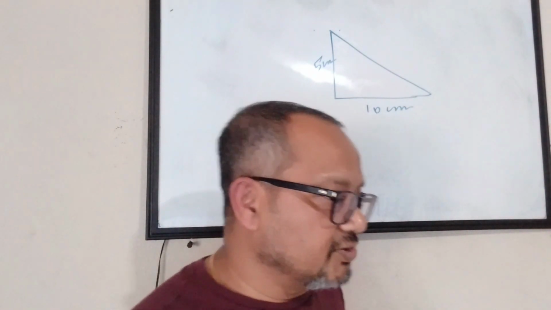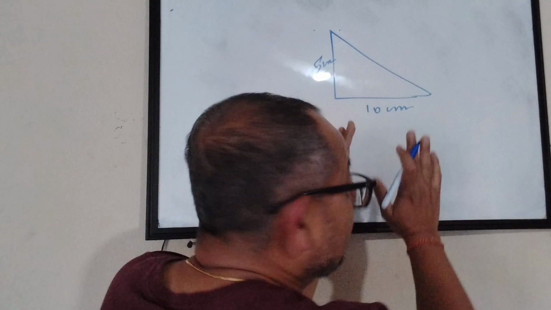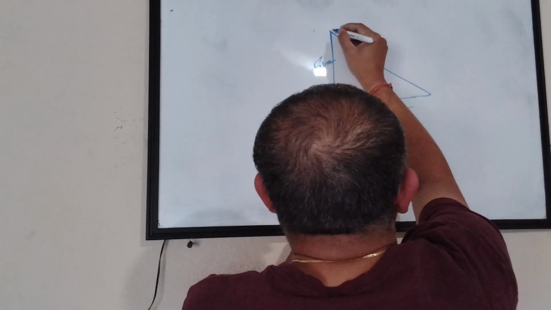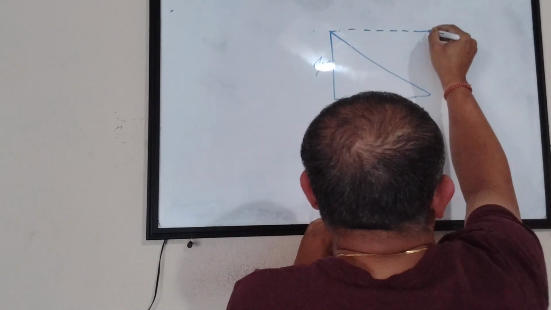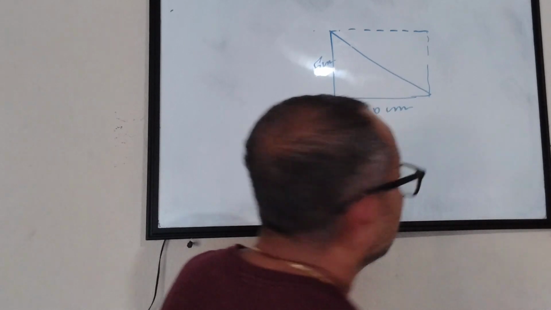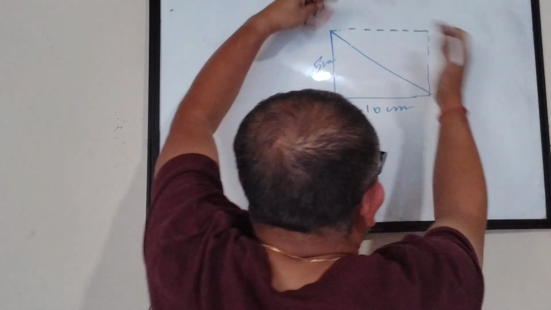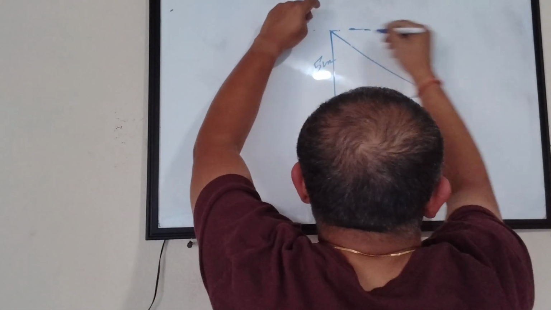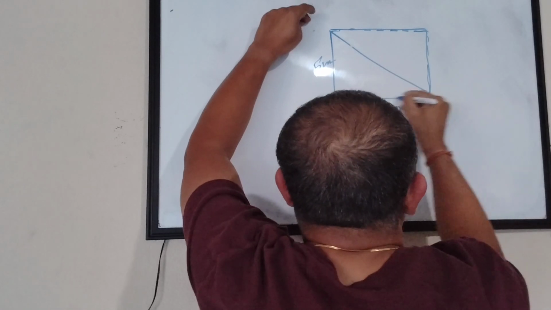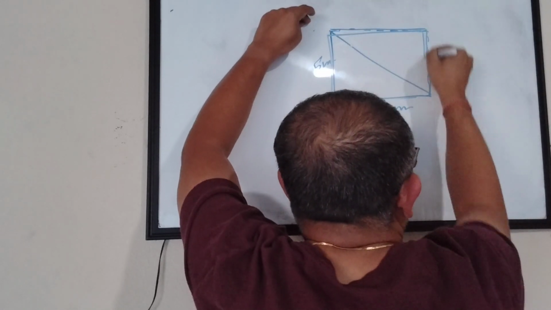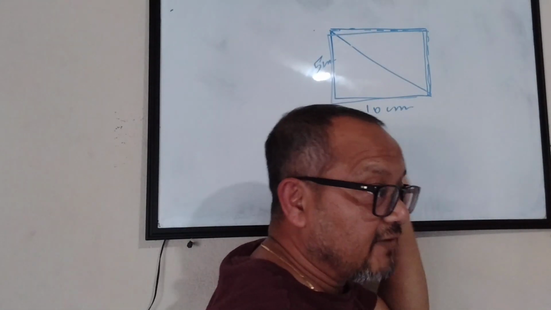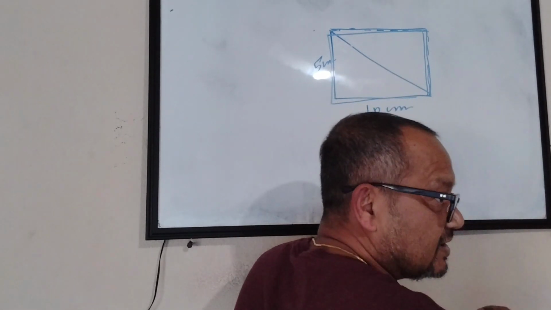Yeah. So basically, before you try solving it, visualize this. If you look at this shape, this whole thing is a rectangle. We all know area of a rectangle is length times width.